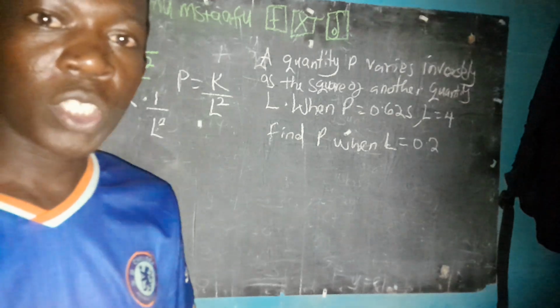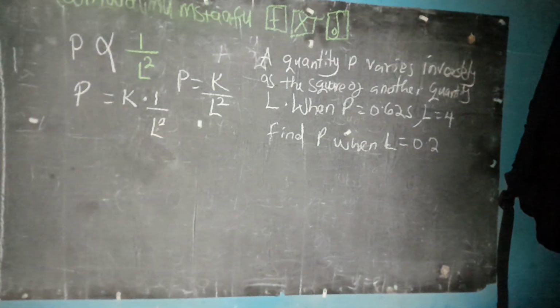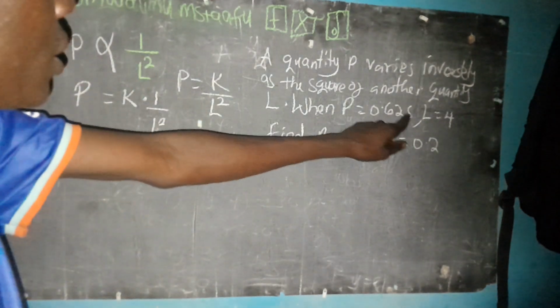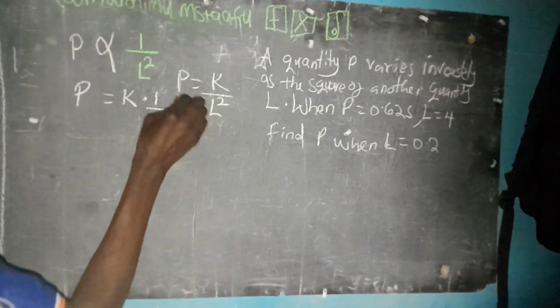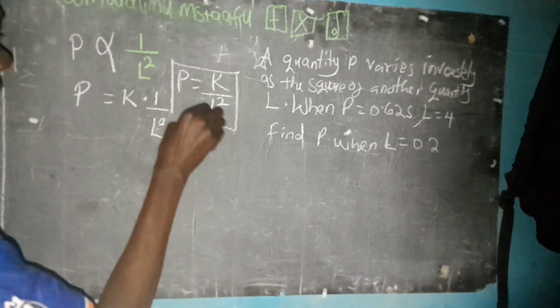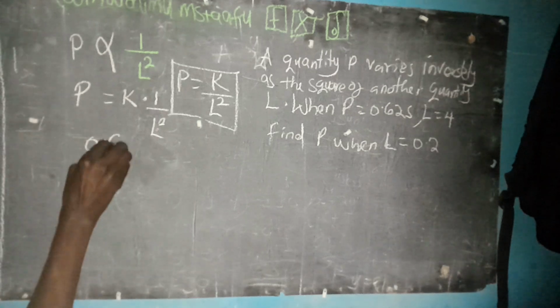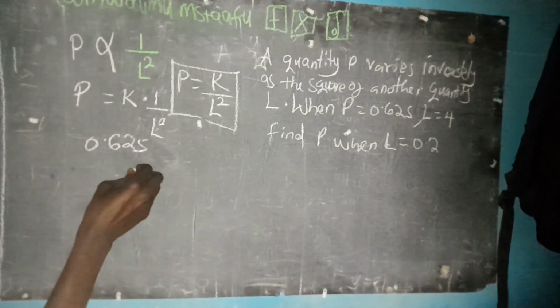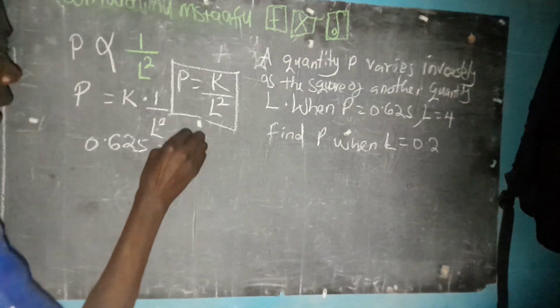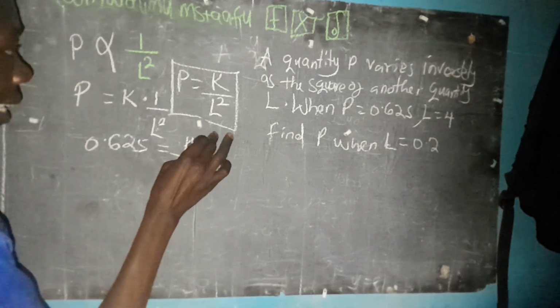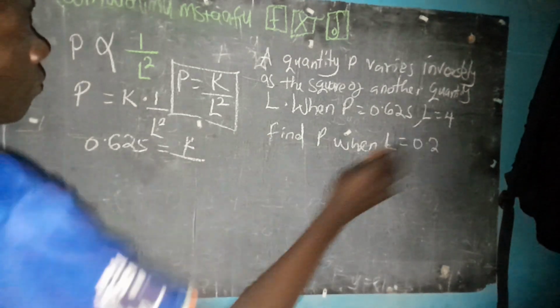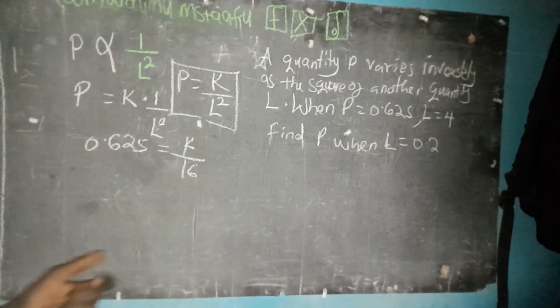For me to find the connection, I come to my equation here and say when P is 0.625, P can be placed in this equation: 0.625 is equal to k over L squared. L is 4, and 4 squared is 16. So what am I trying to do?